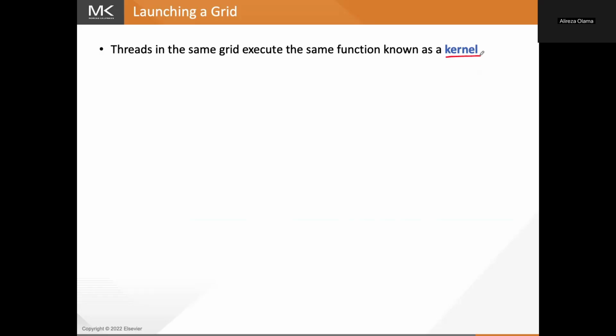To execute that function, you have to launch a grid of thread blocks, and each thread within these blocks will execute that kernel function. You can have different operations implemented in different kernels: an add kernel, a multiplication kernel, and when it comes to AI, a convolution kernel. Many of these kernels are already implemented in TensorFlow and PyTorch, but essentially they are low-level CUDA kernels.